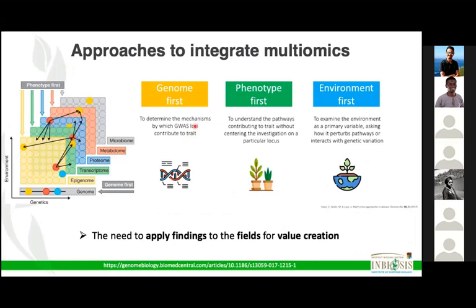Or phenotype first, where you look at a trait and what is causing that trait. So it may be multiple, to understand the pathways contributing to the trait. Or environment first, to look at what environmental factor actually interacts with the genetic variation. This kind of approach is needed to apply findings to the field for value creation.